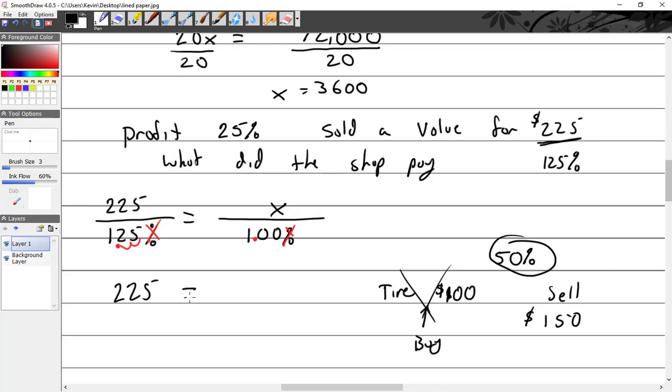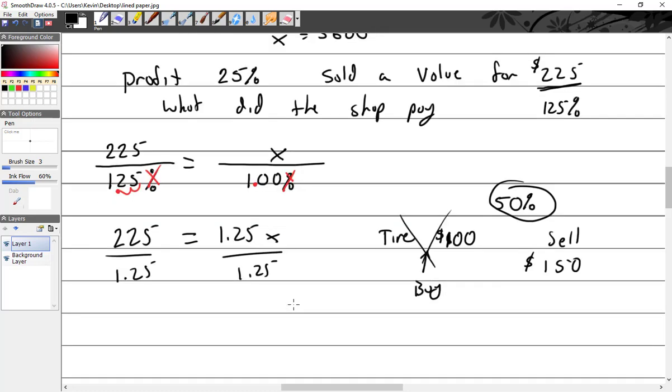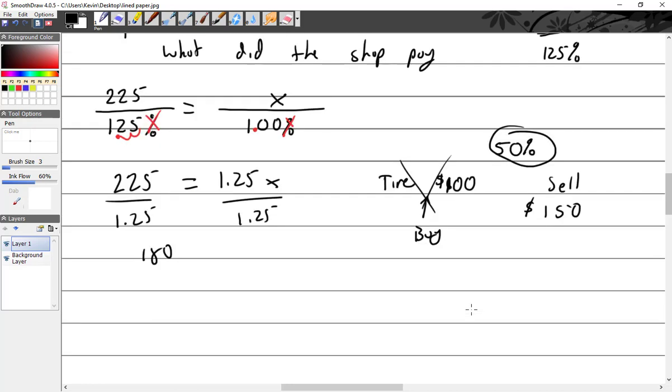Equals 1.25x. So we divide by 1.25: 225 divided by 1.25 equals 180. I paid 180.